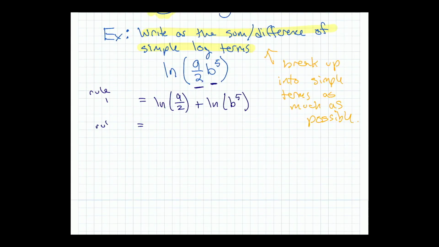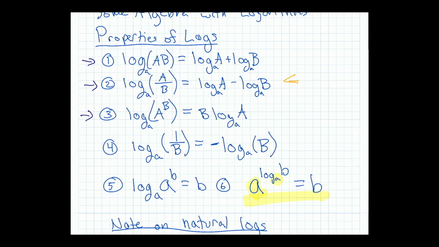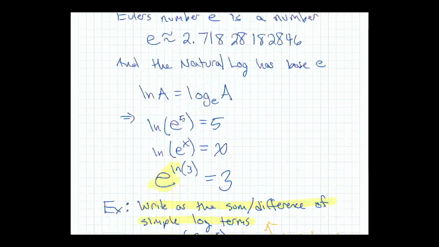So if you apply rule 2, you're going to get natural log 9 minus natural log 2. And on natural log b to the 5th, well, we've got a power. Rule 3 tells you how to do power. You can take the power down in front.